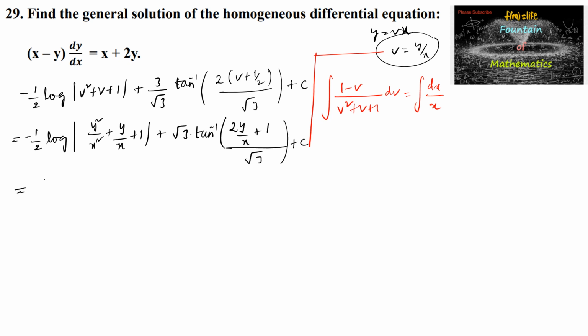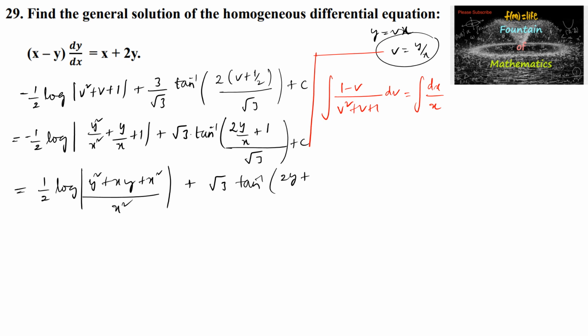Or we can write 1 by 2 times log of (y square plus xy plus x square) upon x square, plus root 3 times tan inverse of (2y plus x) upon x root 3 plus c.